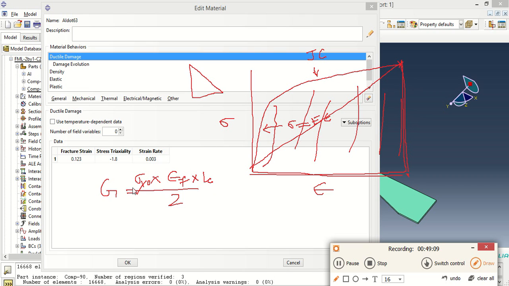So this is a tentative way of obtaining energy, because it is very difficult to obtain the fracture energy at which you obtain this fracture. In fracture mechanics you have seen how to obtain the energy, and that is obtained with respect to the crack length.